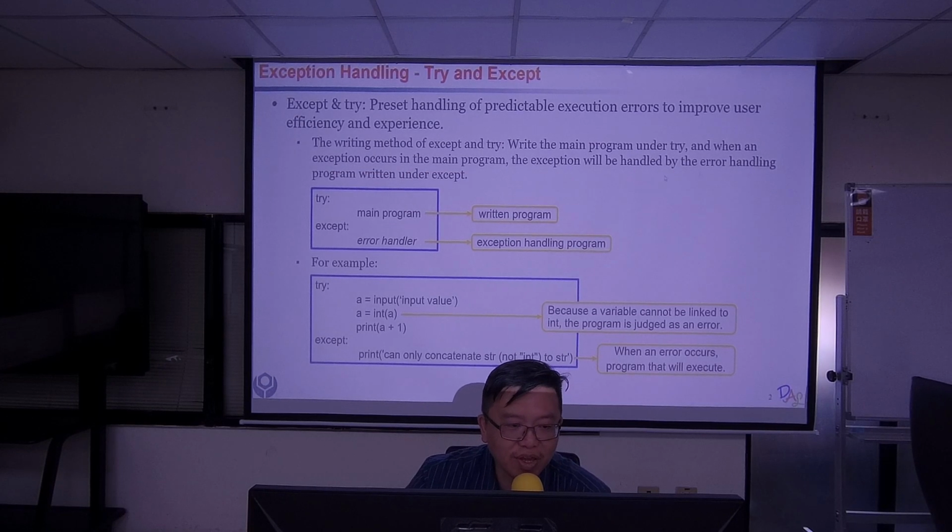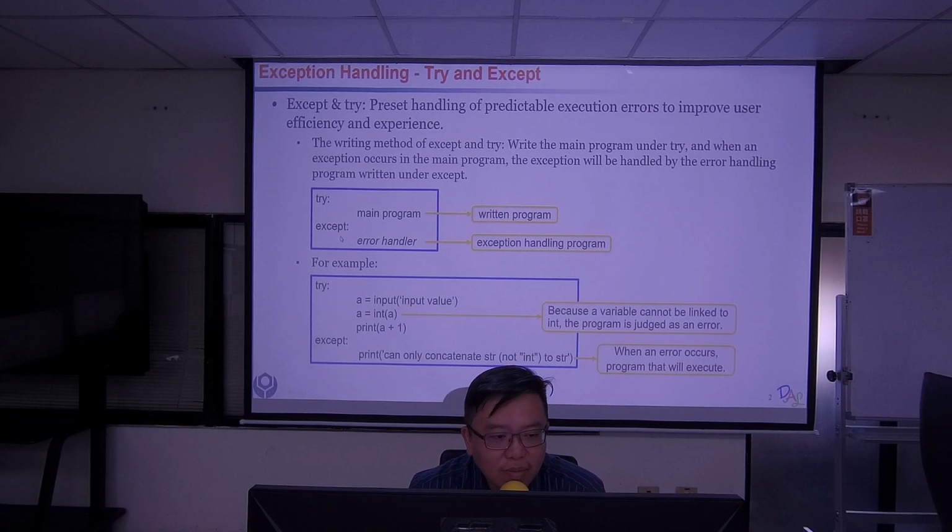So there is something called try except. So what does try and except do? Because sometimes when you write a program, it may generate some kind of error. In the past, if we make some error, the program stops.